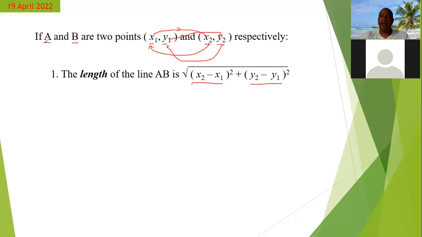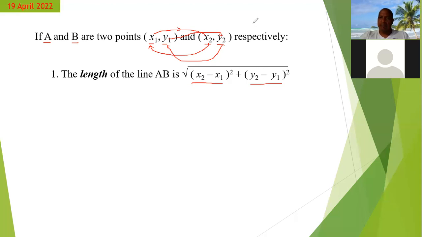So you can either take the coordinates of A from the coordinates of B, or you can take the coordinates of B from the coordinates of A. But whichever way you decide, you ensure that the X of A and the Y of A are taken away from the X of B and the Y of B. Or if you're doing it the other way around, you ensure that the X of B and the Y of B are taken away from the X of A and the Y of A. Is that clear, guys?